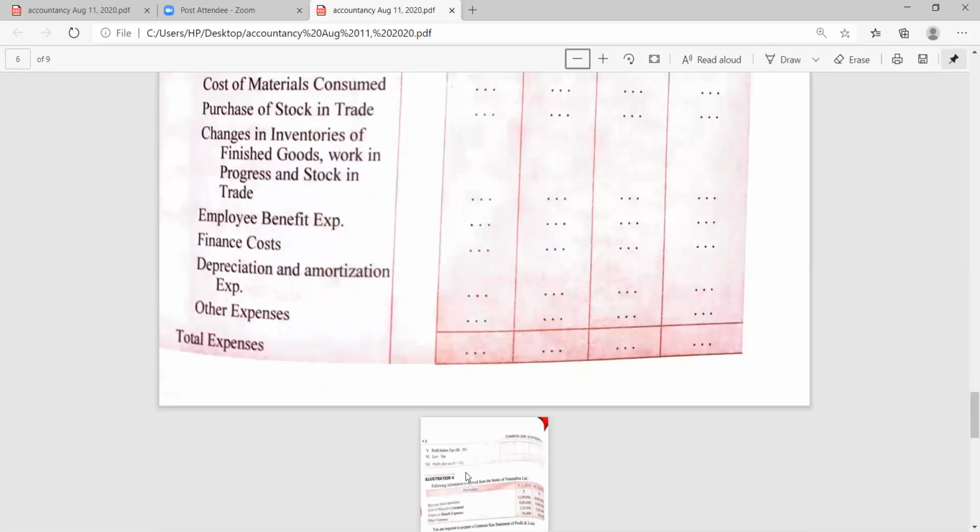After preparing the fourth column, the fifth column is profit before tax, that is third minus fourth. After that, tax is to be deducted, and finally we will get the profit after tax.